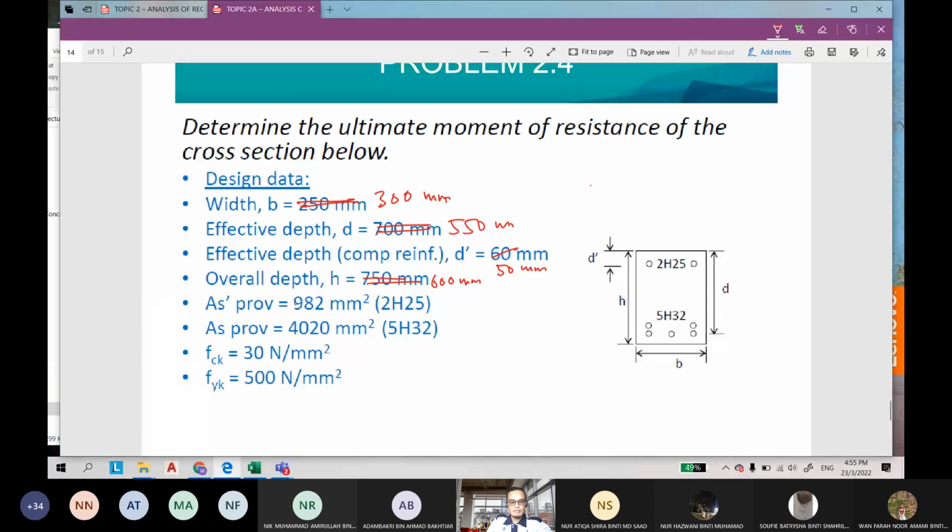Let's say the As prime provided is 4H16, and the As provided is 5H20. The concrete is grade 30, and the steel is 500 Newton per millimeter square.